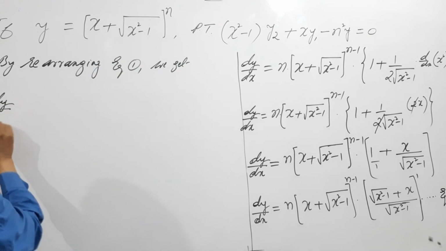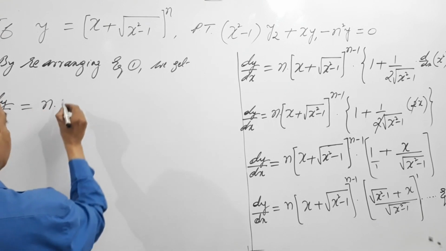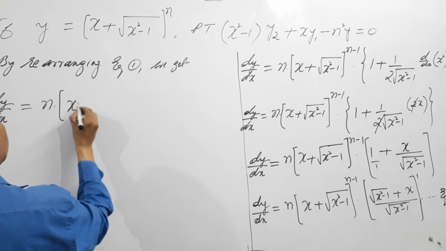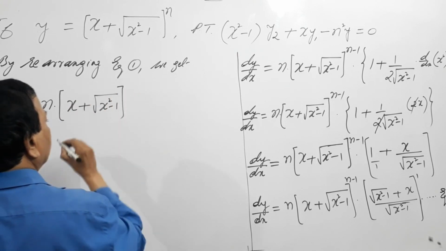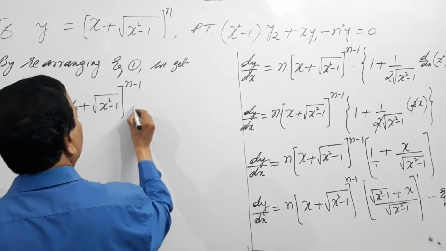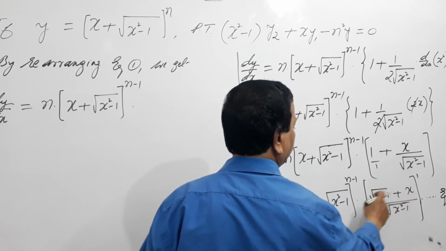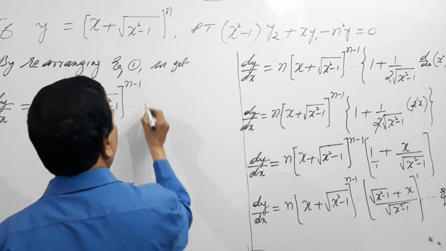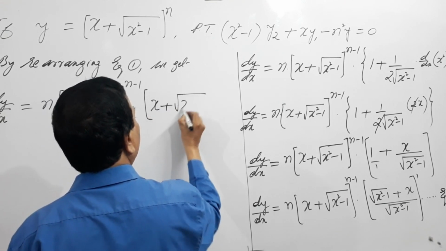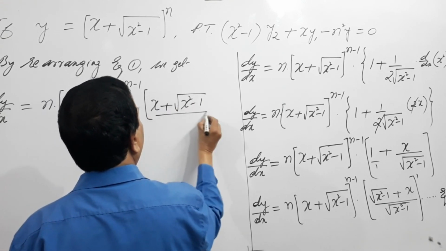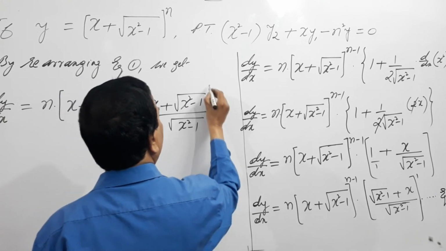dy by dx equals n into (x plus under the root x square minus 1) to the power of n minus 1, and this is a plus b, make it a plus b, so that I can rewrite this as: x plus under the root x square minus 1 divided by under the root x square minus 1.